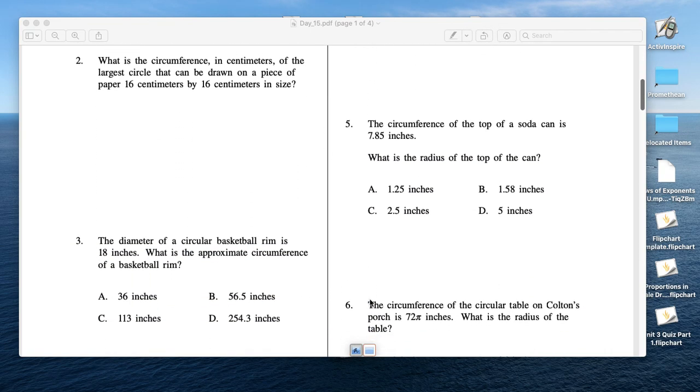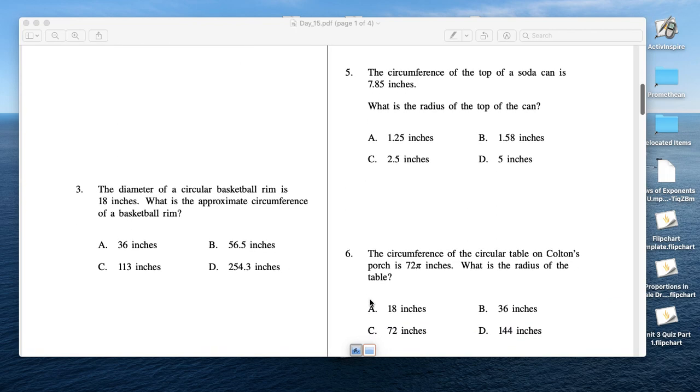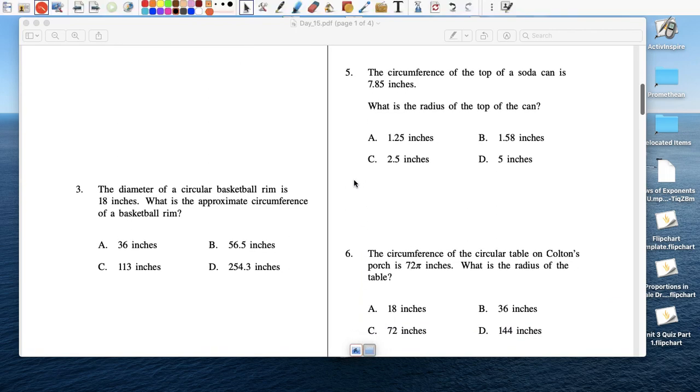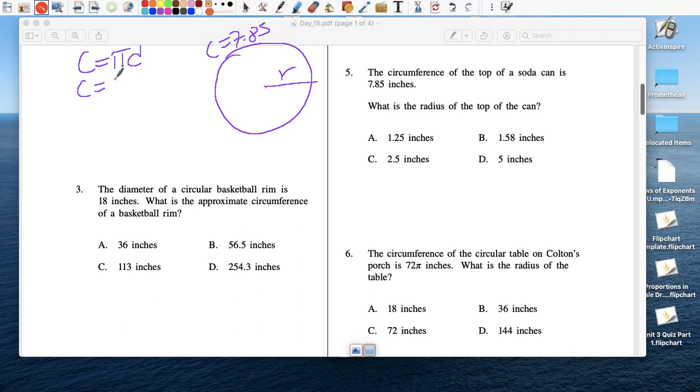5. The circumference on top of the soda can is 7.85 inches. What is the radius? So here's your can of soda. The circumference is 7.85, and they're asking us for the radius. C equals pi d, and I know the circumference, so 7.85 equals pi times diameter.